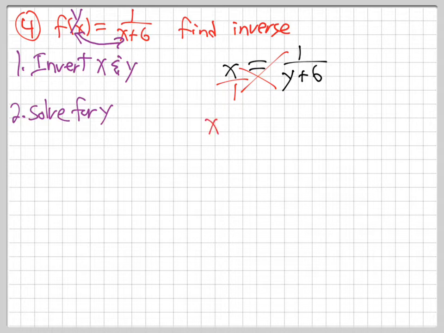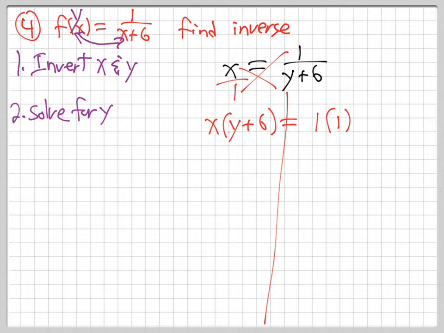We cross multiply. What am I doing? x times y plus 6 equals 1 times 1. Right? I just went diagonal. And then we distribute. So that's xy plus 6x. 1 times 1 is just 1.